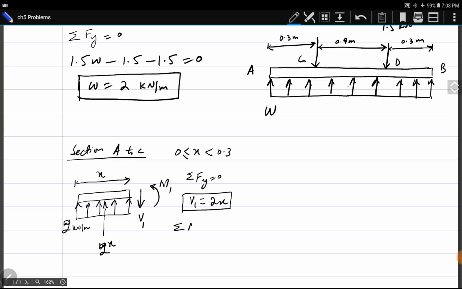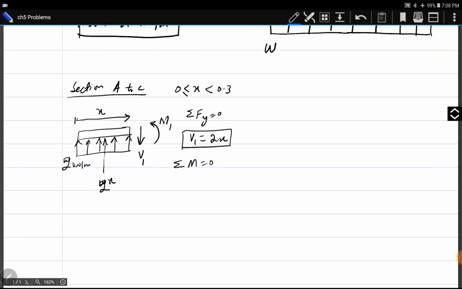Summation of moments is equal to 0. If I consider counterclockwise moments as positive, M1 minus 2x into its distance, which is x by 2, is equal to 0.